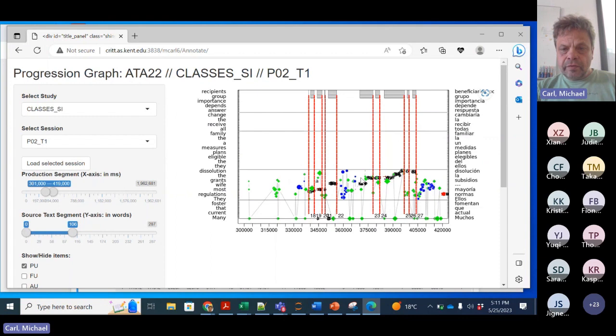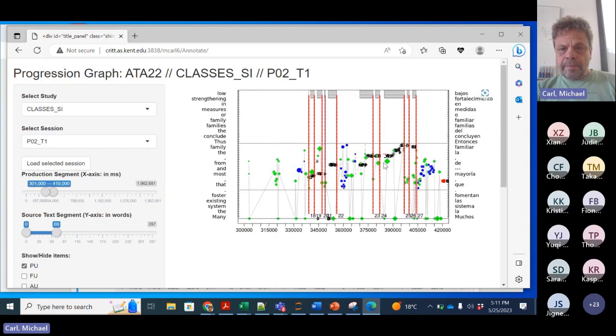Here, okay? These black dots are, of course, typing events, keystrokes. And here we have a coherent kind of typing, which is visualized here as this gray box.